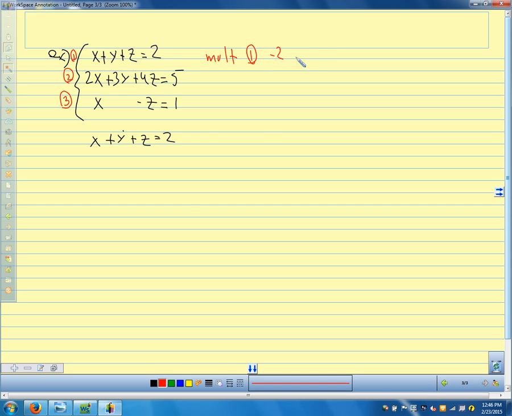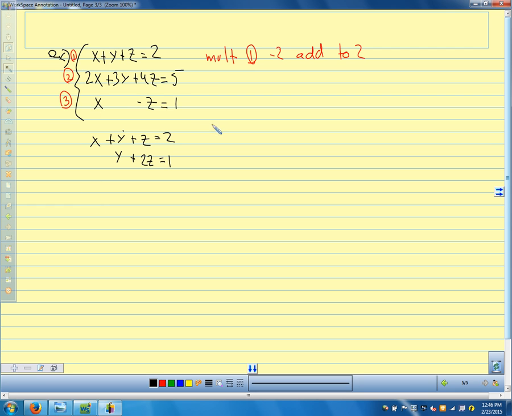And we're going to add to 2. So our new second equation, we get a 0x, we get a negative 2y plus 3y, so a y. I get a negative 2z plus 4z, so I get a 2z. And I get a negative 4 plus 5, get a 1 there.